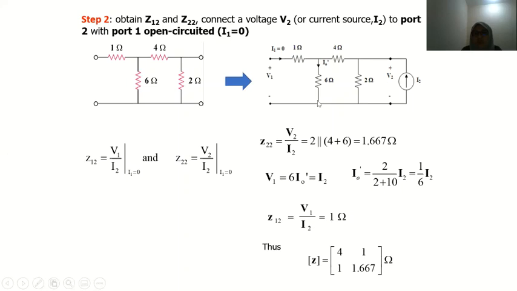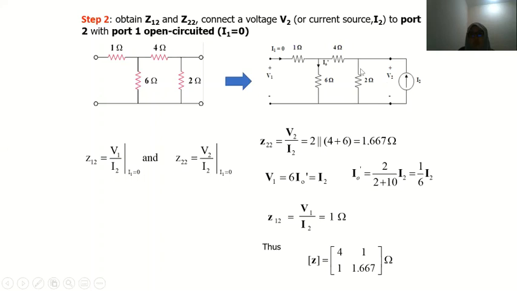So your V2 here is not considering this 1 ohm resistor because your I1 is equal to 0. So your Z22 is equivalent to this 2 ohm resistor in parallel with, because this one is 0, we are not considering it, your 4 plus 6 ohm resistor here.